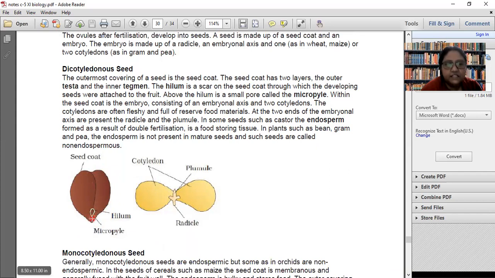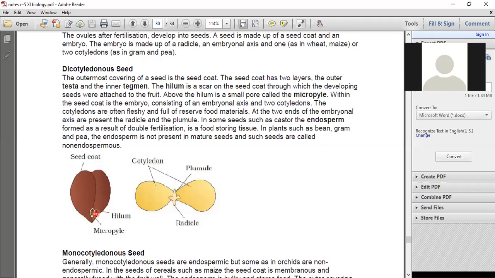This pore is also responsible for the entry of water. Whenever you are soaking chana in water, you can see after some time they become soft. Isn't it? Yes or no? Yes, ma'am. So micropyle is the entry point of the water.